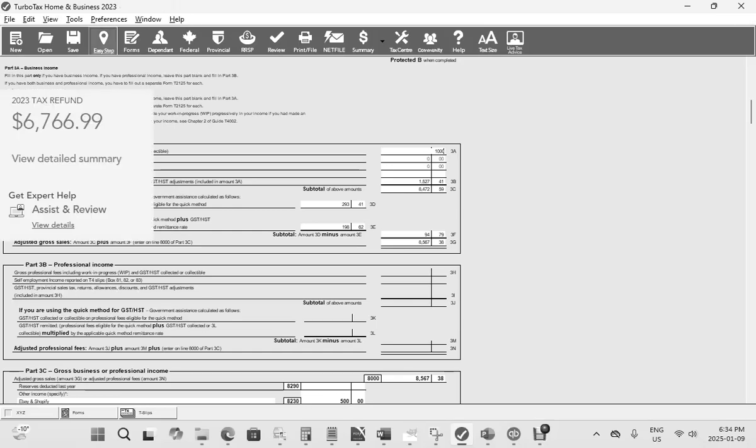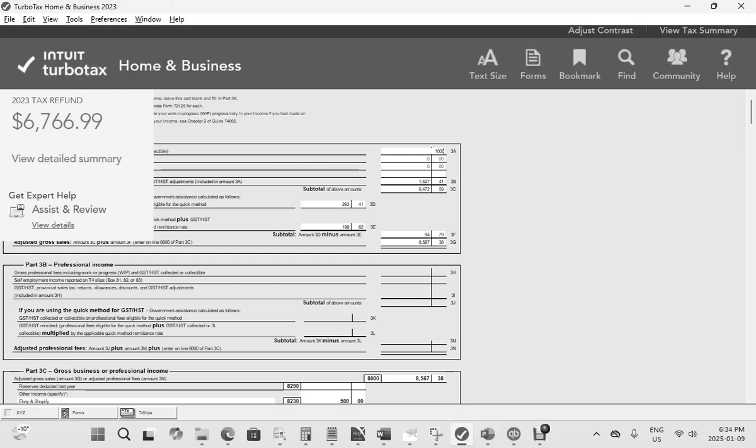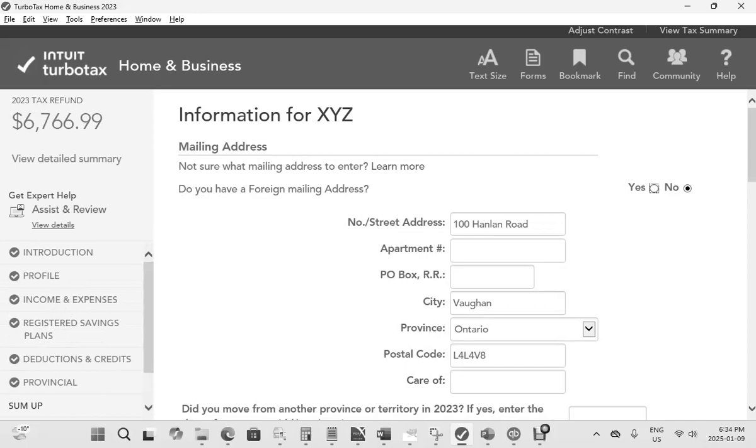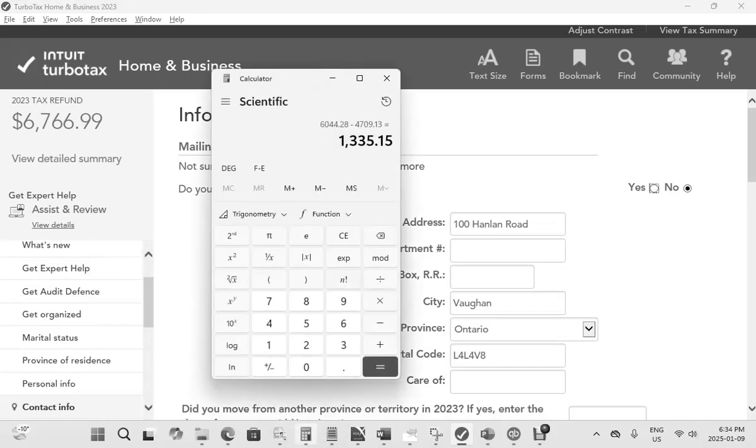Notice the tax refund is $6,766.99. So compared to the original $6,620.31, that's a difference of $146.68, and you went down from $2,257.01 to $1,000, a difference of $1,257.01.